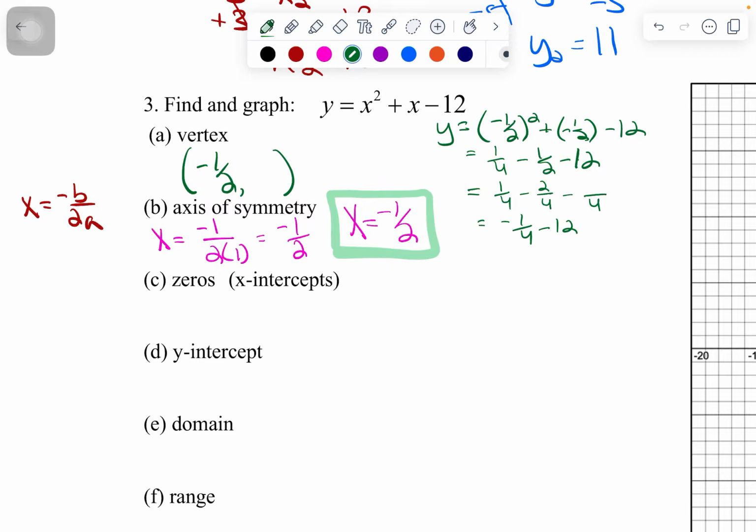Put that as a denominator of 4, so 48. Whoops, why did I highlight that? I meant to erase it. All right, so everything's out of fourths now. So negative 1, negative 47, no, negative 49 over 4. That's what I'm looking for.